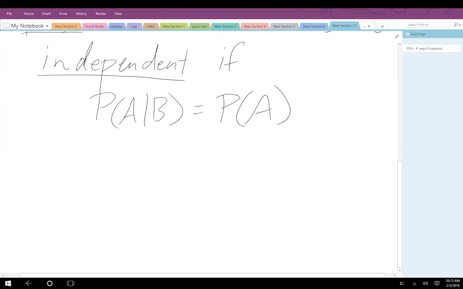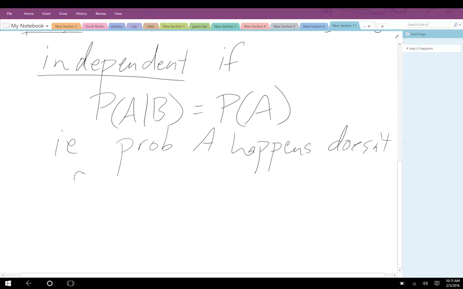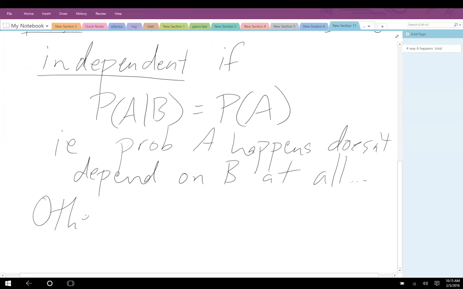The probability of A happening is going to be the same whether B happens or not. I.e., the probability A happens doesn't depend on B at all. And then, of course, otherwise, they're called dependent. Right. Okay.